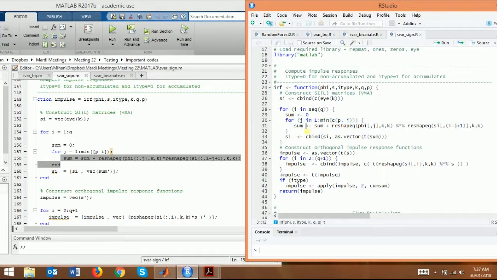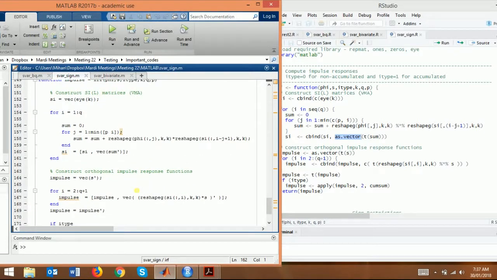and for i equal to 1 to p, vectorizing, or as vector. The R is more beautiful. Simply as vector is what we need. Then impulse responses is simply S transpose.